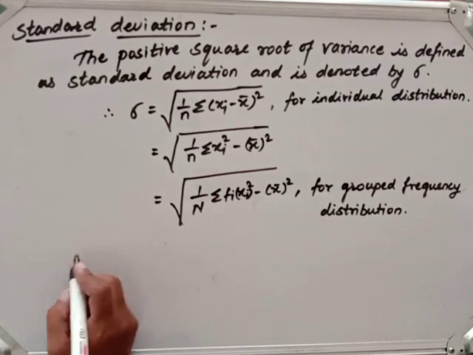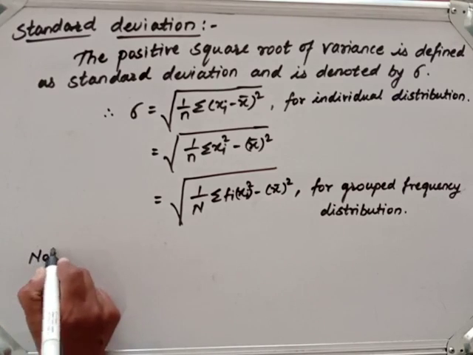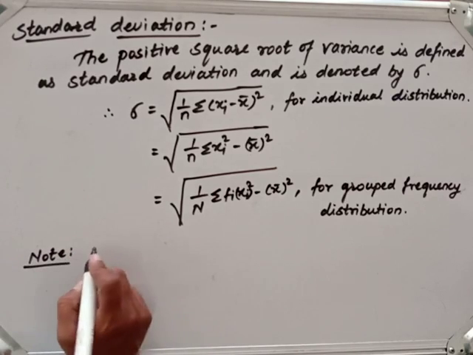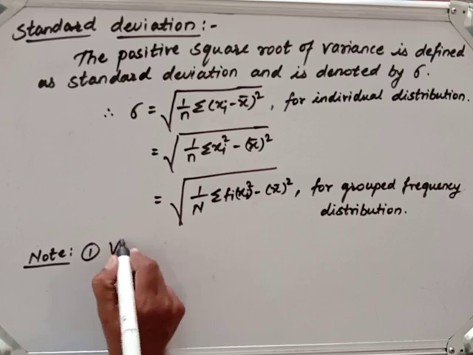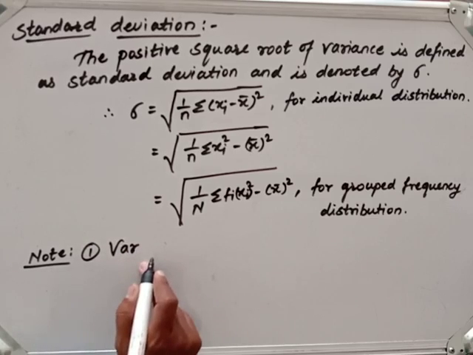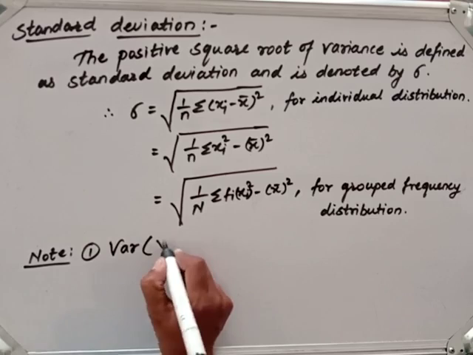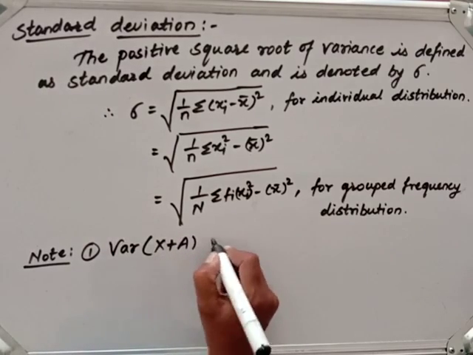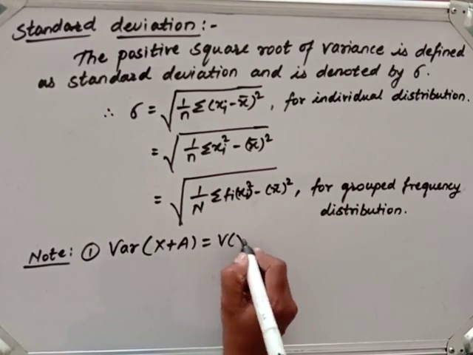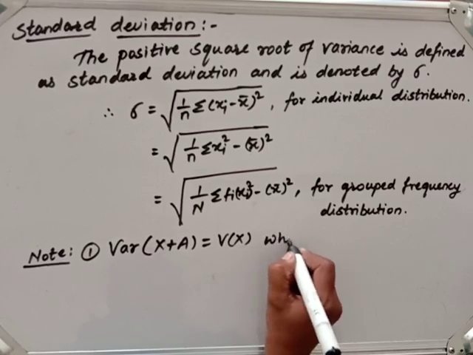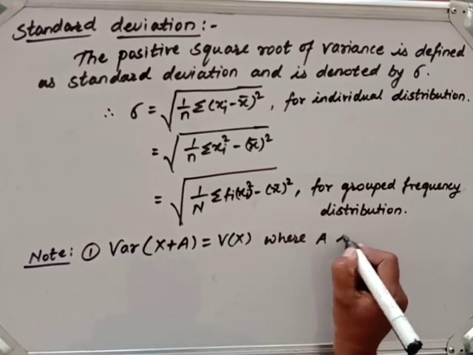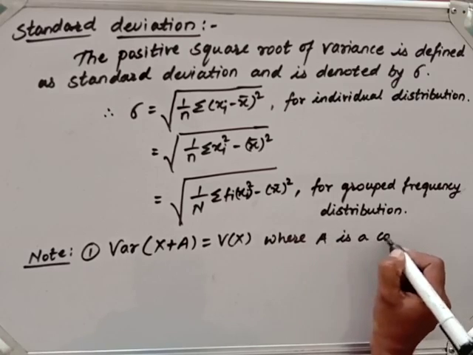Now here simply remember these two notes. Note 1: variance is denoted by VAR also. In short, variance of x plus a is the same as variance of x, where this a is a constant.